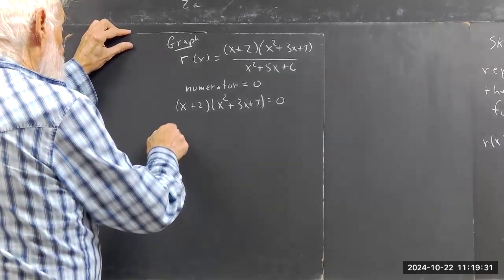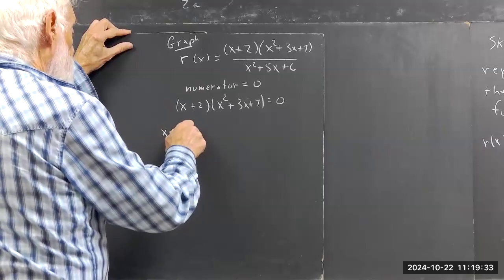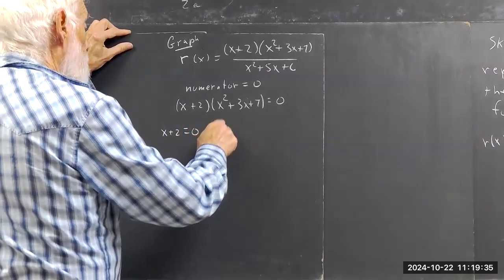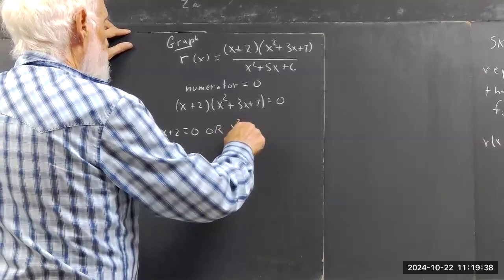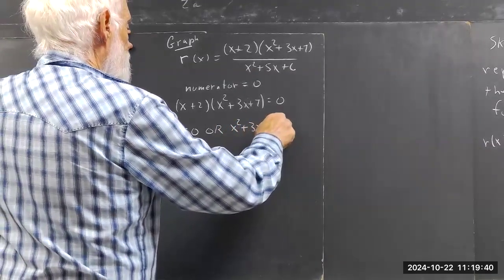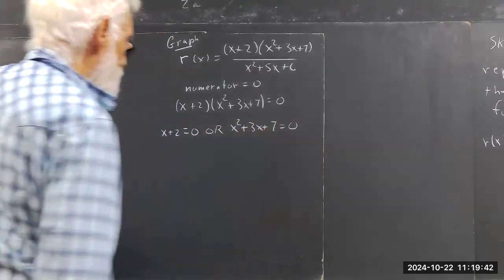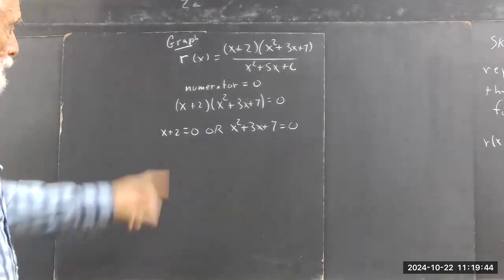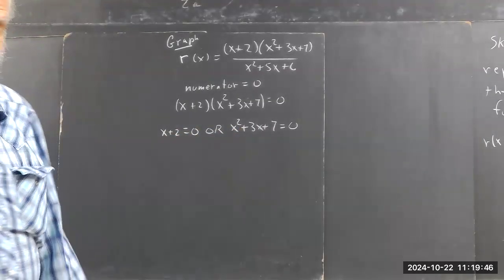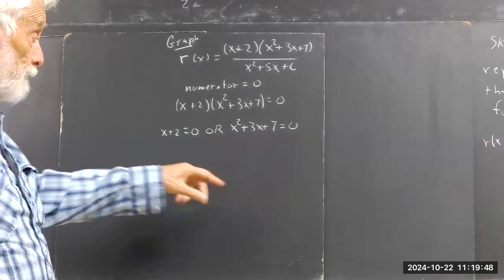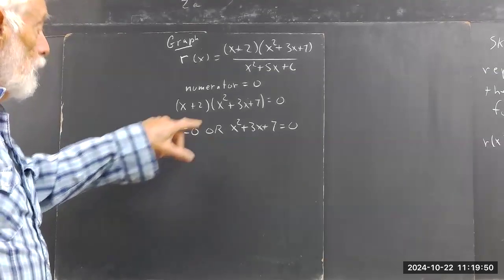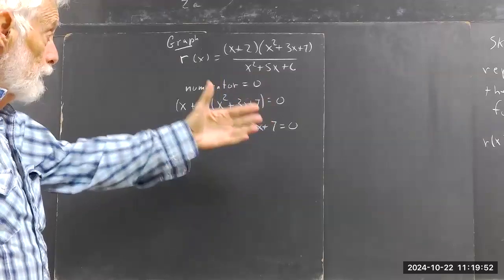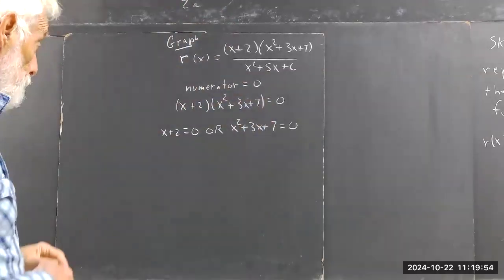This means that x plus 2 equals 0, or x squared plus 3x plus 7 equals 0. Not and, it's or, because it can't be both. If x plus 2 is 0, this isn't 0. So if this is 0, or if this is 0, you're going to get numerator equal to 0.